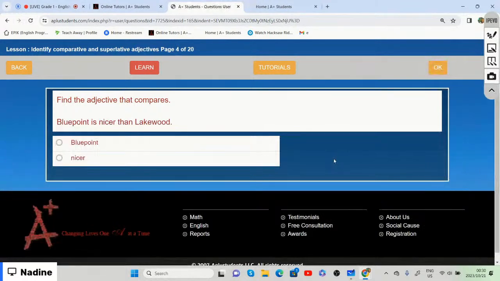So Blue Point is nicer than Lakewood. If we find the adjective that compares, we can say it's nicer.